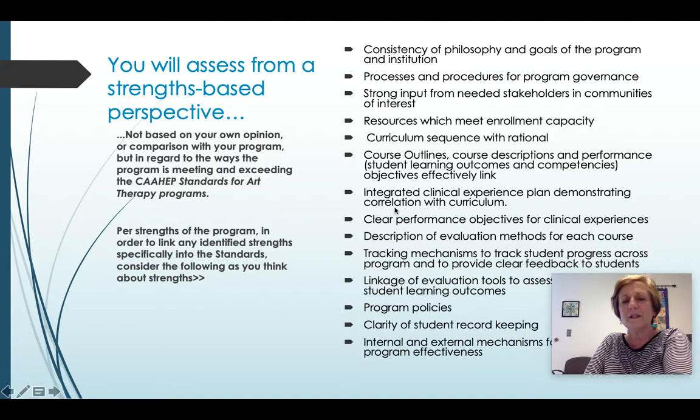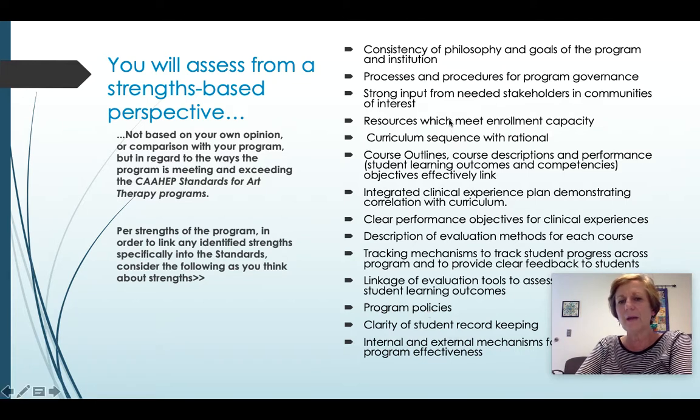And this is in the materials provided to you, but I'm going to look at the sequencing of the curriculum, for example, and the rationale for how it's sequenced. Does the program do an exceptionally excellent job at sequencing in a way that carries students forward? There might be some program policies that are clearly stated and really accessible to students so they understand them.